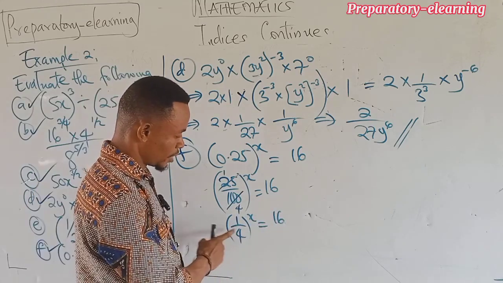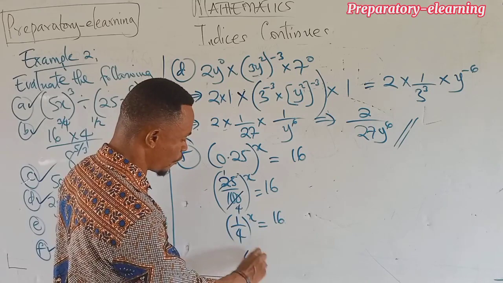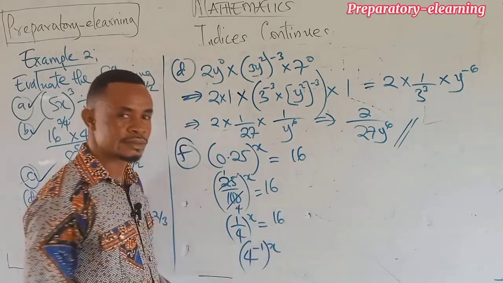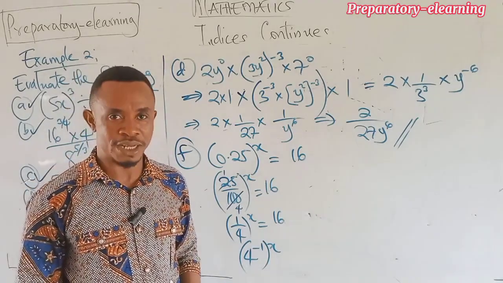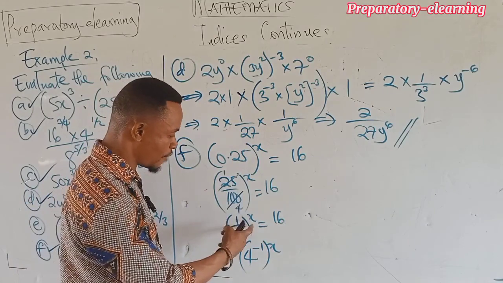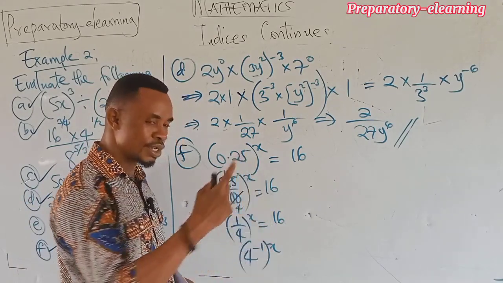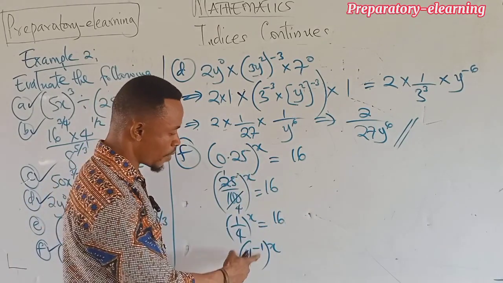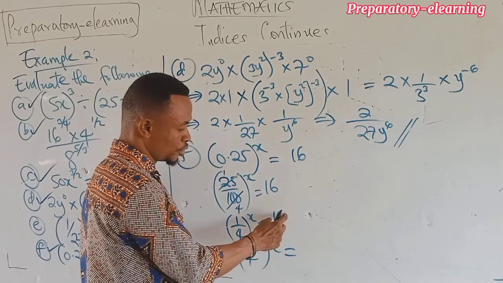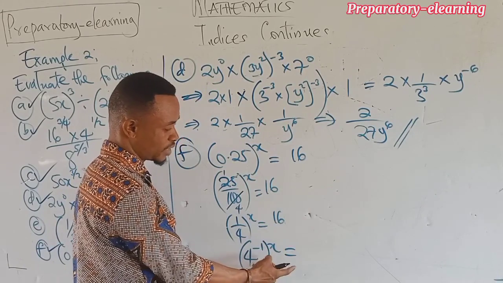We know that 1 over 4 is 4 power minus 1, into power x. Hope you understand that. I had said that 1 over means power minus 1. You have 4 power minus 1 into power x equals to, let's reduce this 16 into base 4.